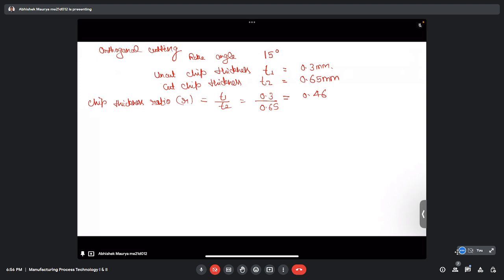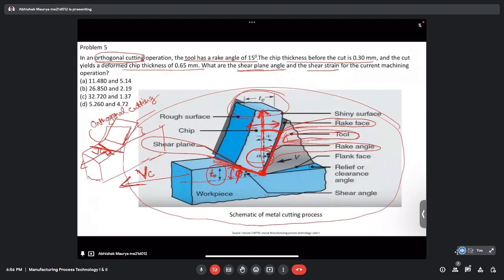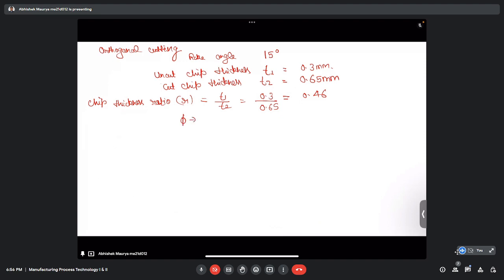There is another term, the shear angle, or phi, the shear plane angle. There is a relation between R, the shear plane angle and the rake angle.